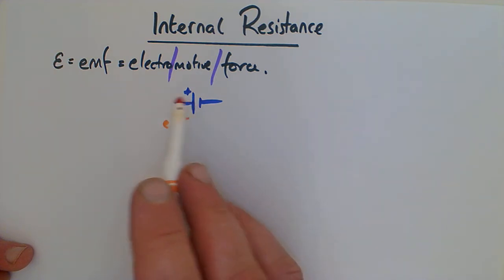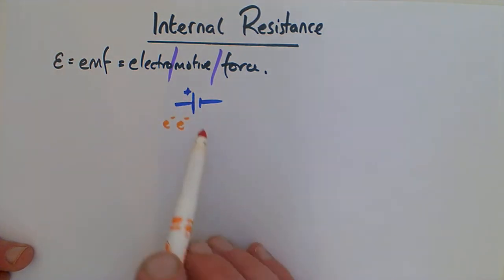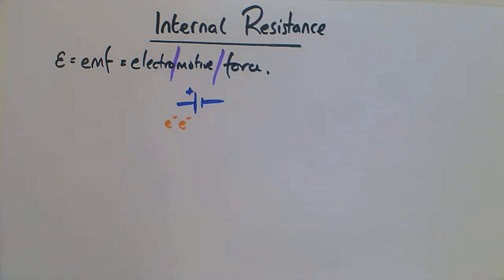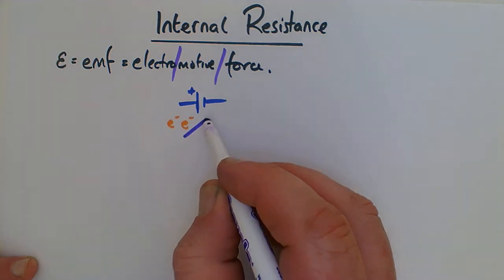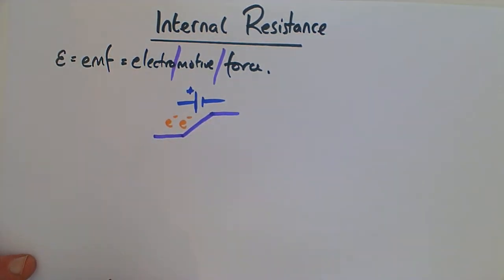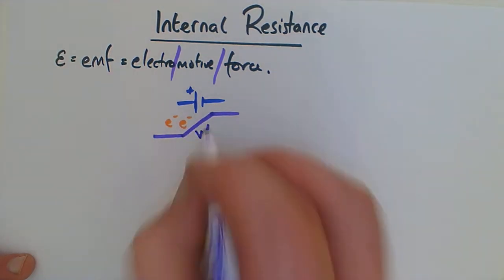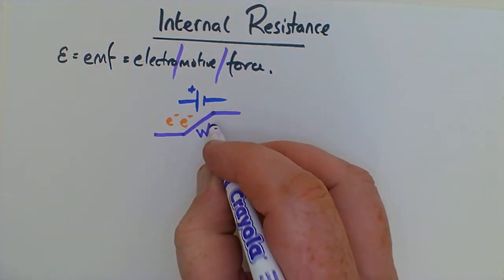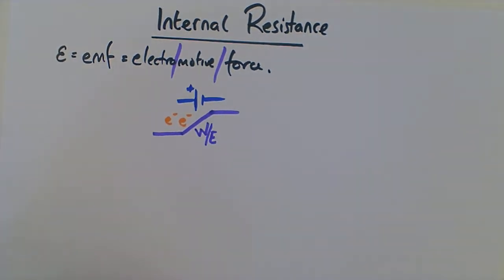But then when they get inside the cell, they don't really want to go away from the positive. That's where the chemical energy is done, in pushing the electrons across, and in pushing the electrons, work is done here. Work, right, so work being energy. Could say work or energy, can't we?